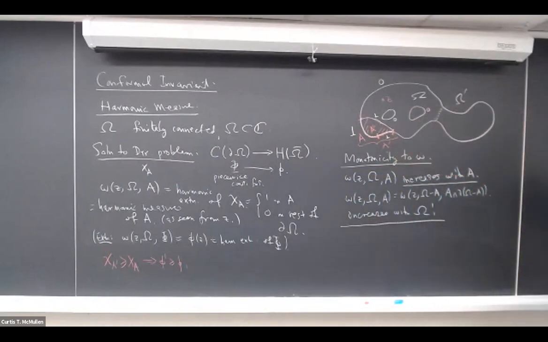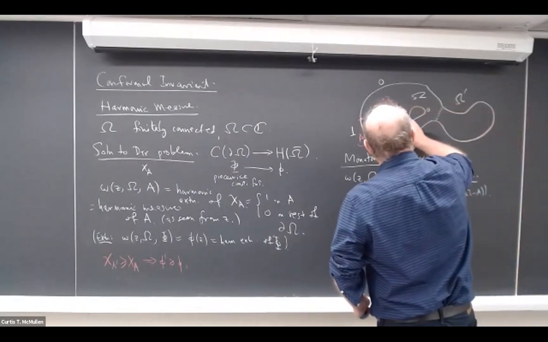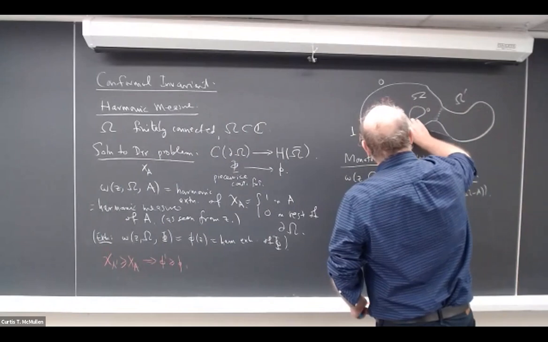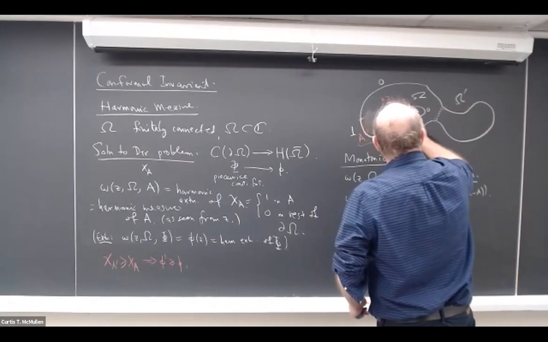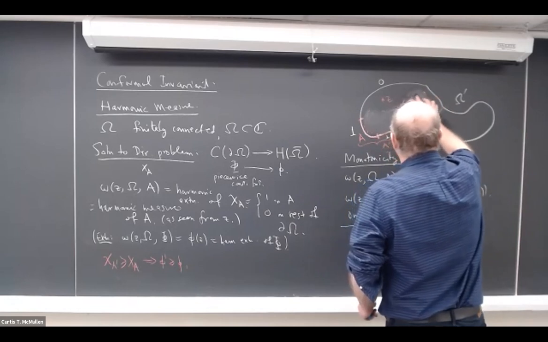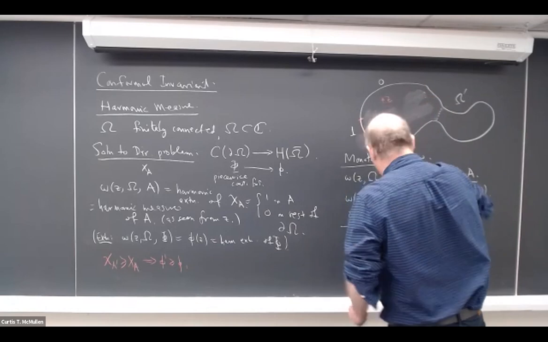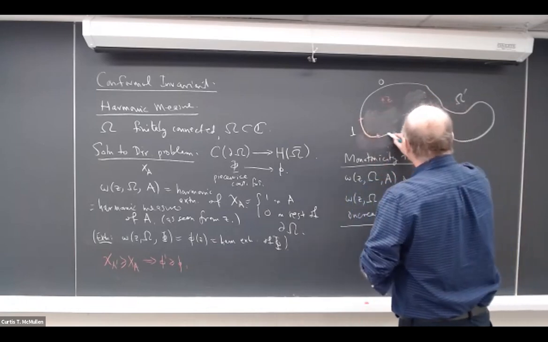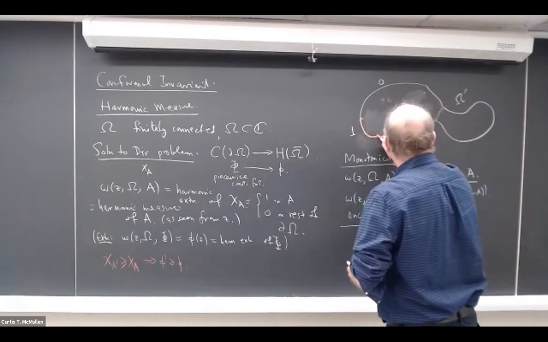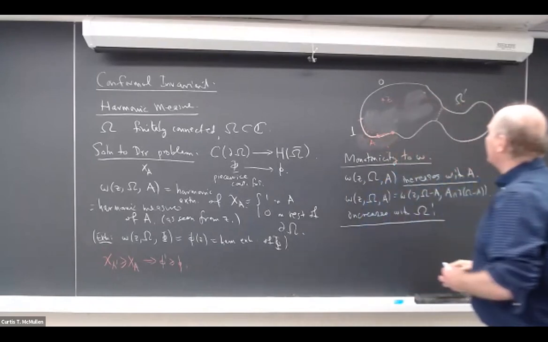Okay, so let's get very clear on why this is true. There are a couple ways to think about it. And let me simplify my picture by just making it a Jordan domain. And A is an arc on the boundary. So why does the harmonic measure of A, why does A look bigger the bigger we make omega?